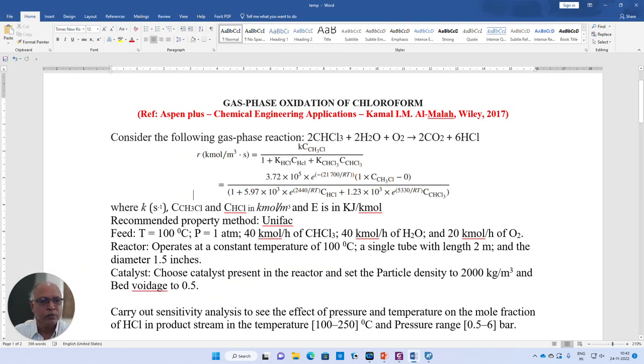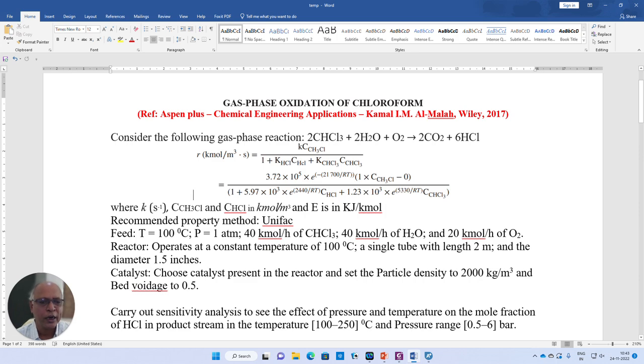Now you can see in this particular problem, the rate constant, of course, I might have multiplied this inside. I'll be writing this expression as 3.72 into 10 power 5 e power minus 21,700 by RT into C CH3Cl. So you have only one term, whereas the second term is equal to 0.